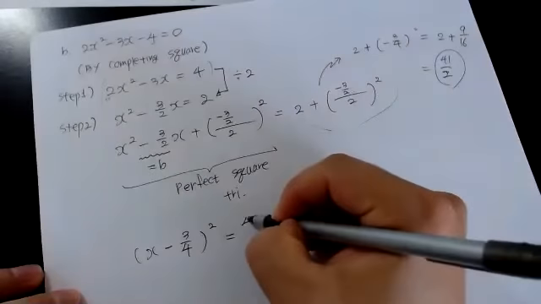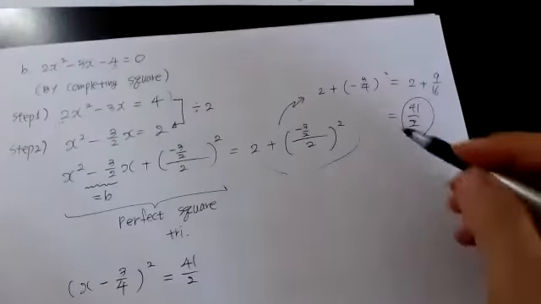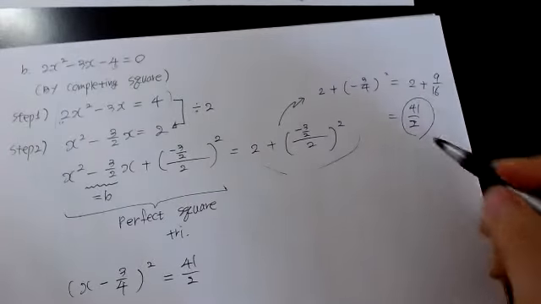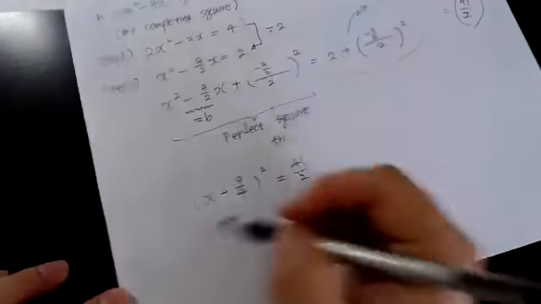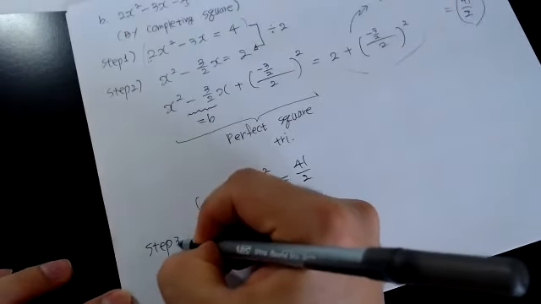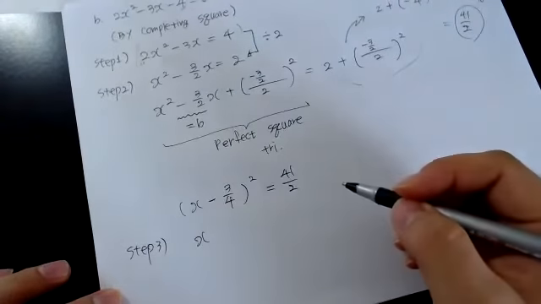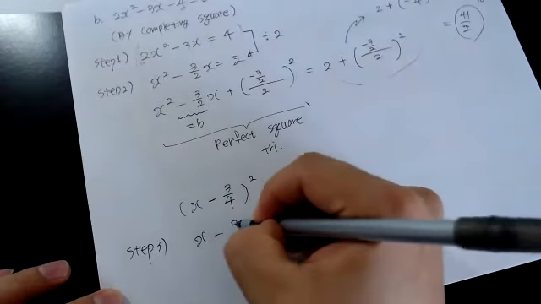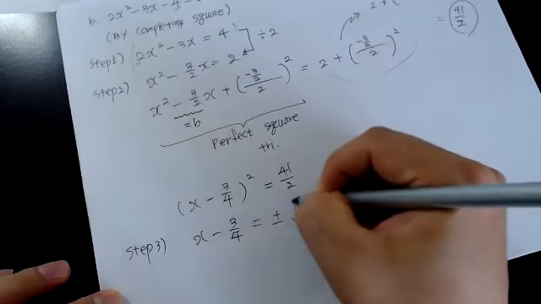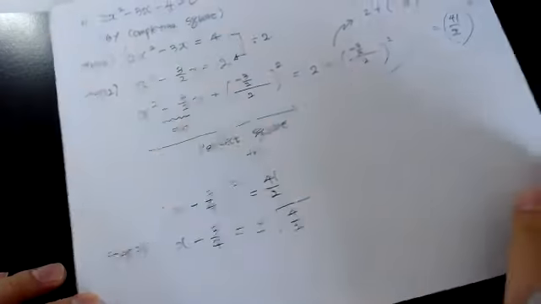So we got 41 over 2. But you don't have to do it by hand, okay? You can use a calculator. So then step 3, we use the square root property. So x minus 3 over 4 is going to be plus minus square root of 41 over 2.